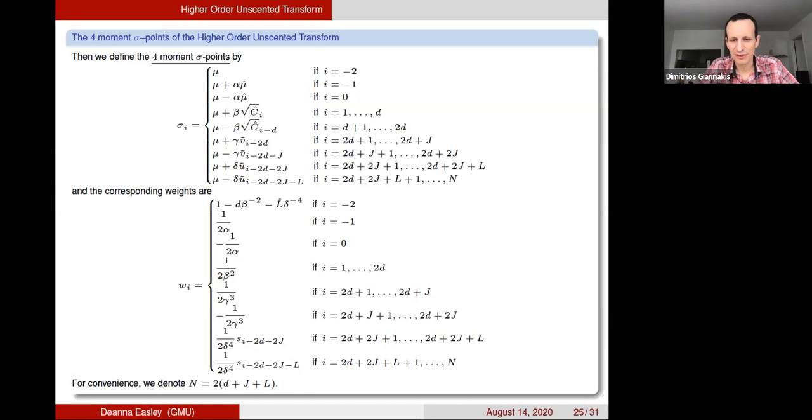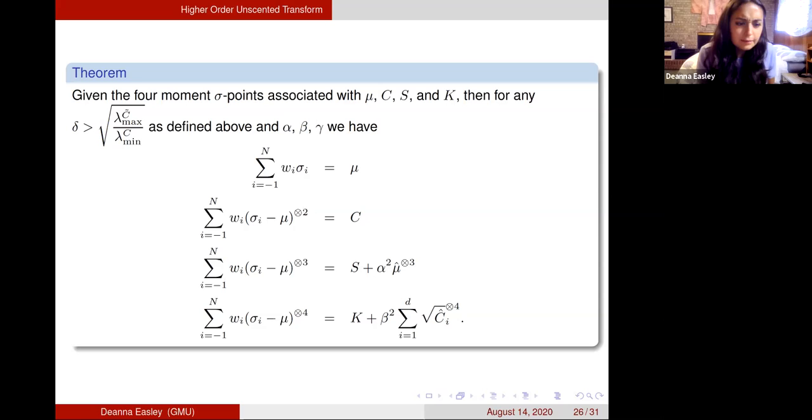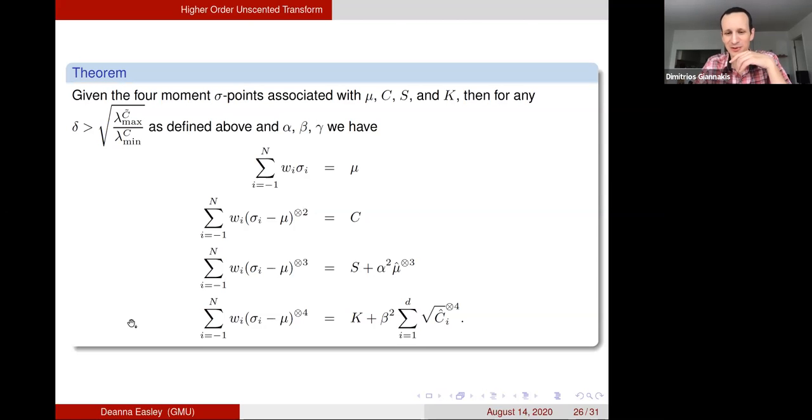We have a question on the chat. Would this technique be useful in picking parameters for an ensemble simulation? I'm not sure I understand the question. I don't want to speak for the person who asked.